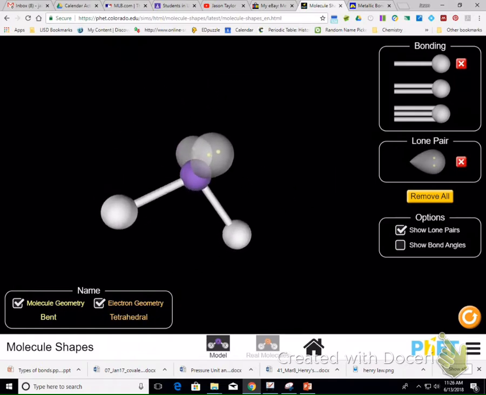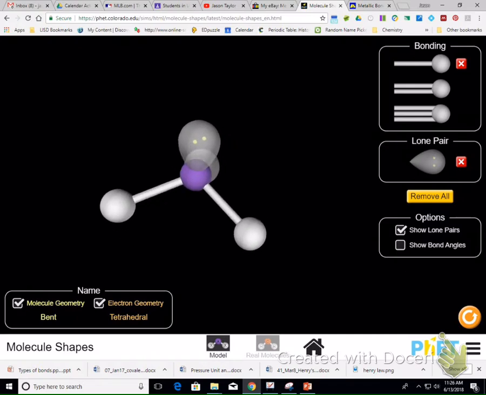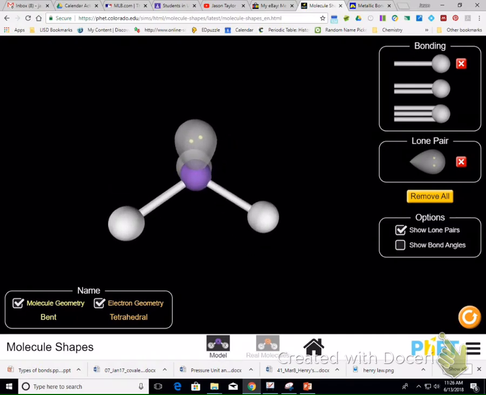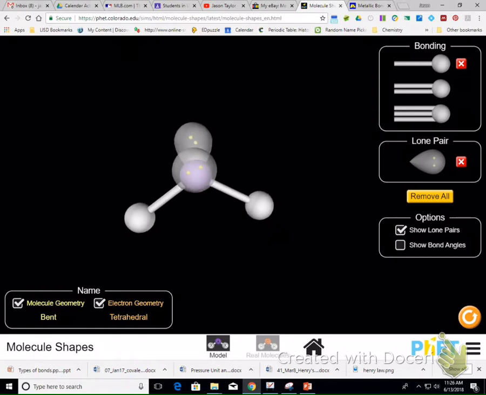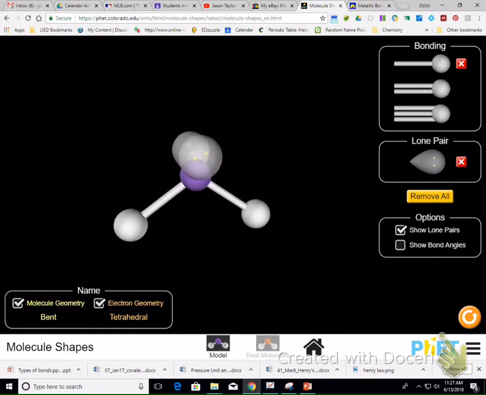looks kind of familiar to you. Again, ignore the mouse ears up top. This looks just like the subset we saw with trigonal planar. This is also called bent or V-shaped. It is a different bent from the trigonal planar version because the bond angles are a little different. These bond angles are about 104, 105 degrees.